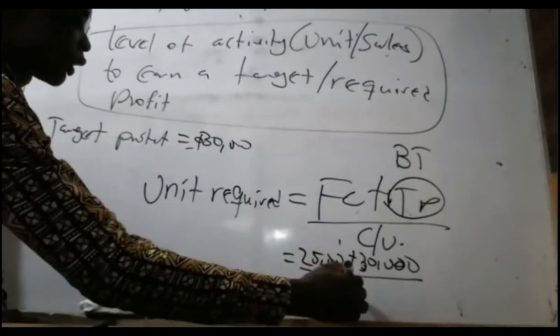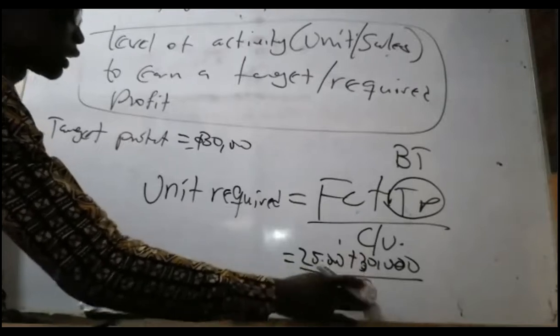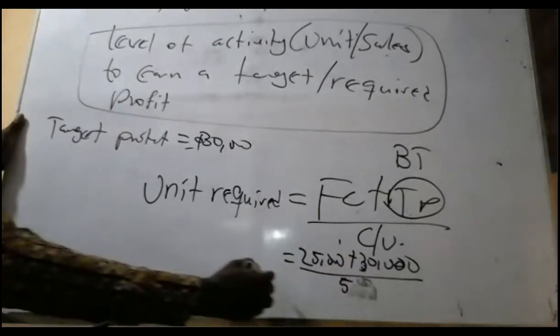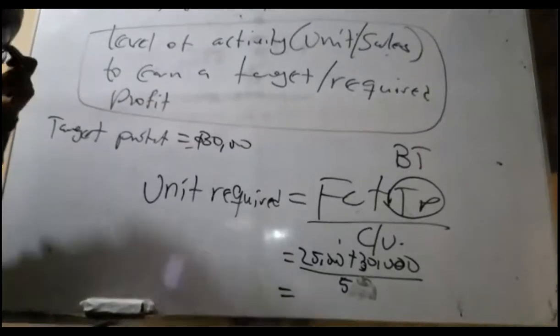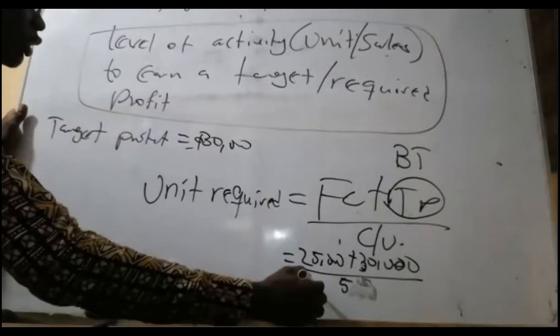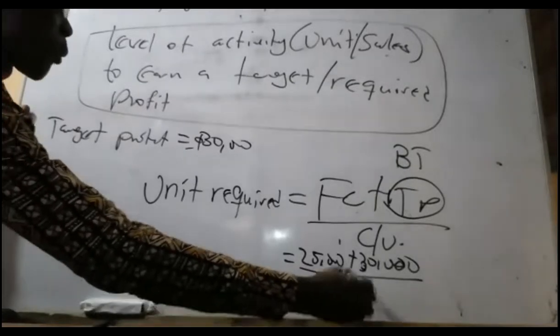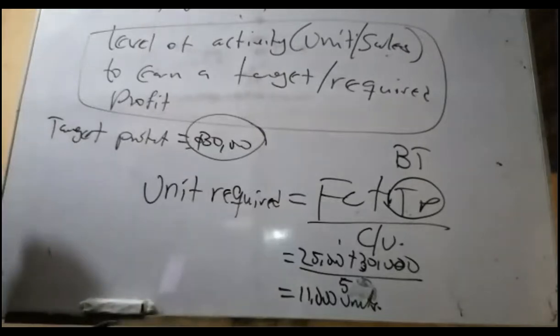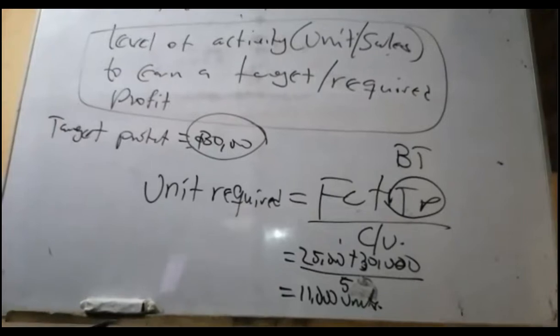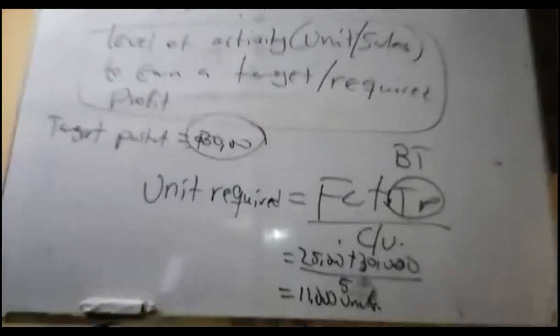The contribution per unit is 5 Ghana cedis. So what will be the unit? 11,000. So when they produce 11,000 units, they'll get a profit of 30,000. That is what it implies.